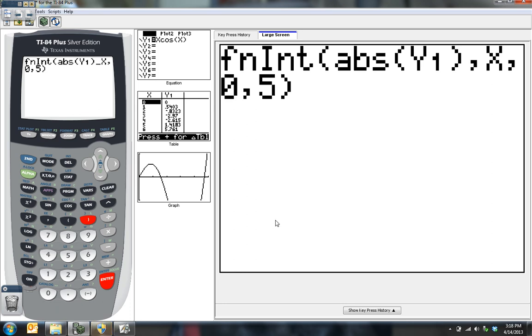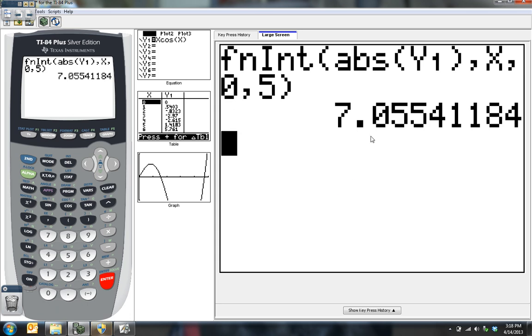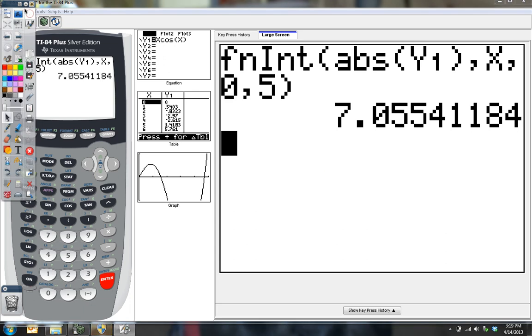Okay? And so now I'm going to hit Enter. And it's going to think for a moment. Apparently it's going to think for a long time. There we go. 7.005. Okay. All right. So 7.005.